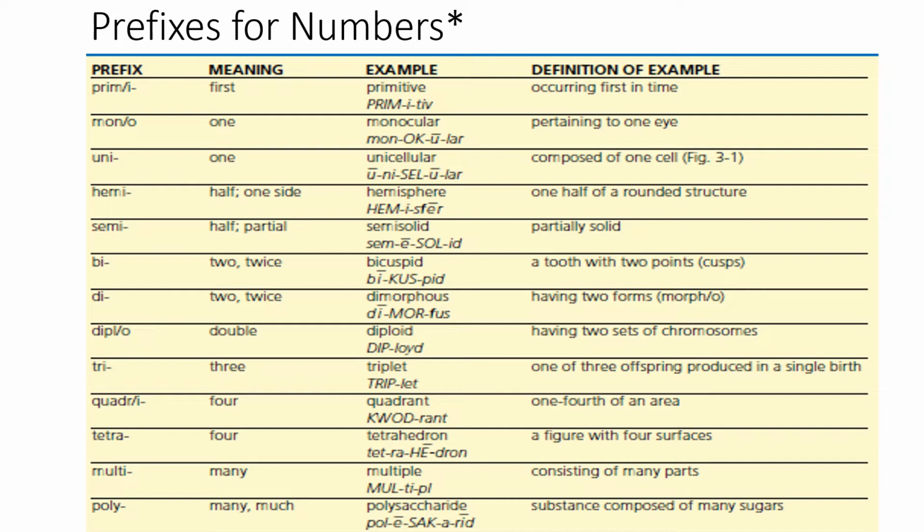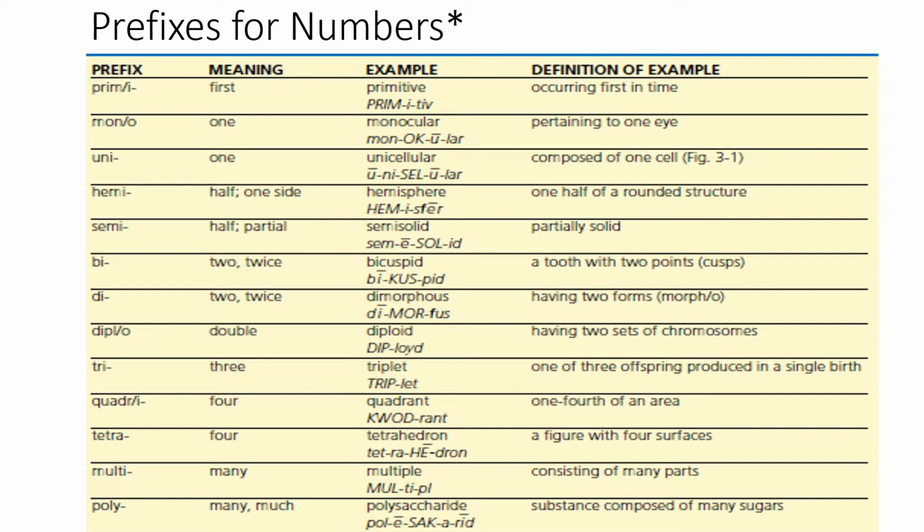Mono means one, as in monocular, which means pertaining to one eye. Mono means one, oculo means eye, and AR means pertaining to. So the medical terminology monocular is composed of a prefix, a root word, and a suffix.